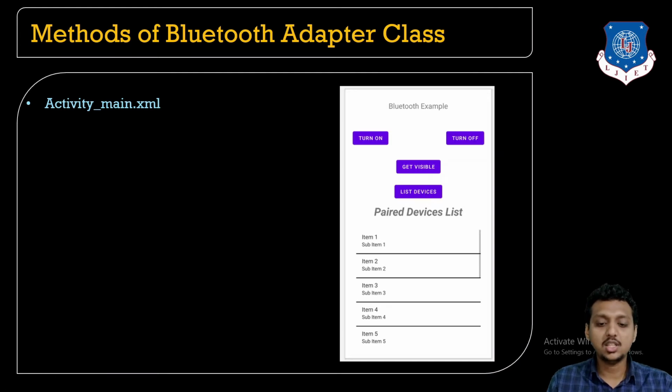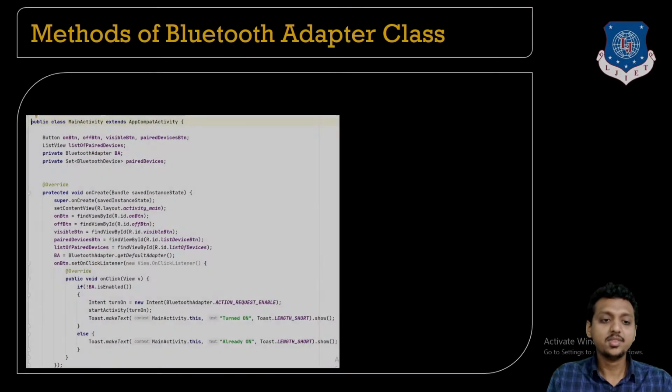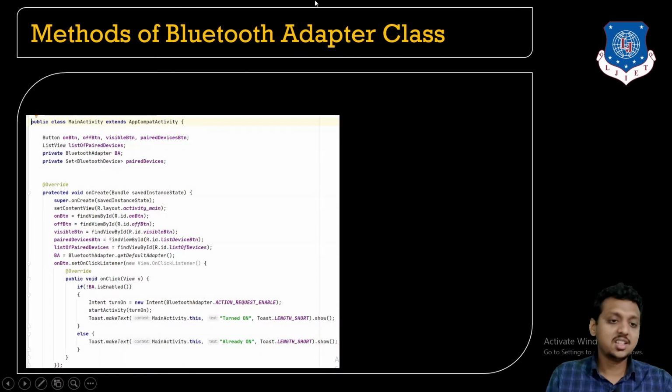When you click on list devices, you will get the paired device list over here. The paired device list is a text view, and this is the list items. For this we need the adapter class and the bonded devices, and using the adapter we can make it visible in the list view. This is the example for the BluetoothAdapter class.